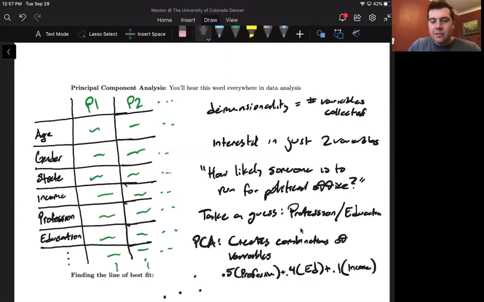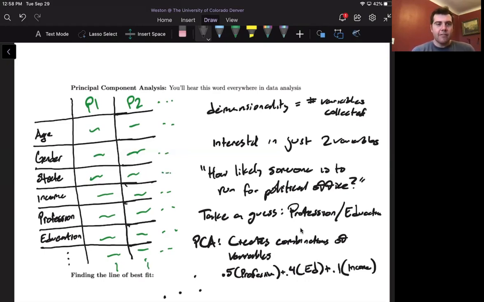So this weighting gives us the variable that's most likely to determine if you're likely to run for political office, and then I could pick out another one as well. And then you just do your data analysis with those two kind of artificial variables. And so then you've reduced it down to just 2 variables.